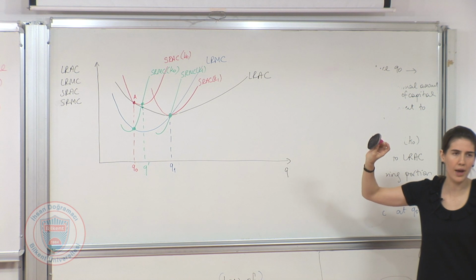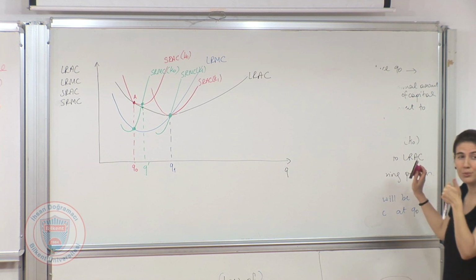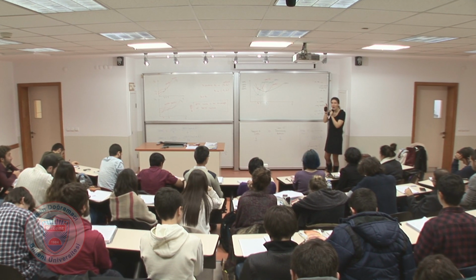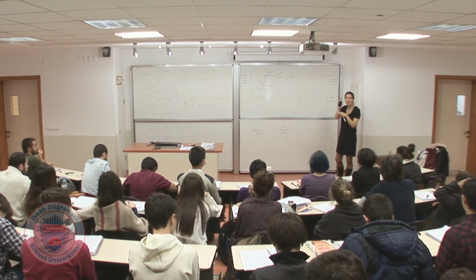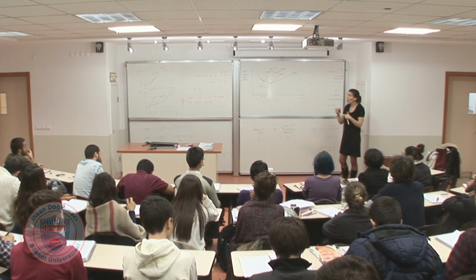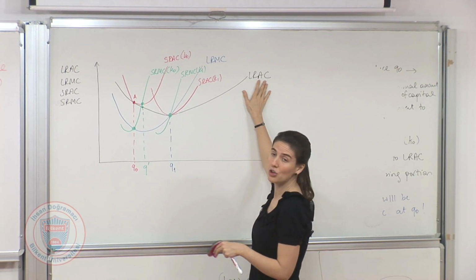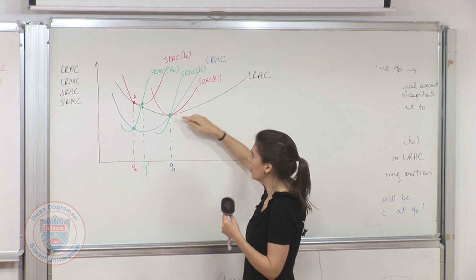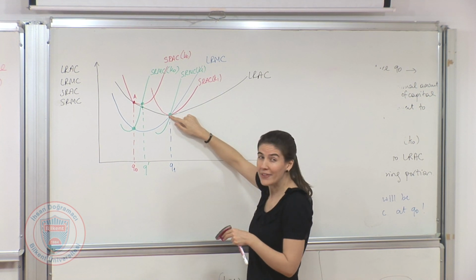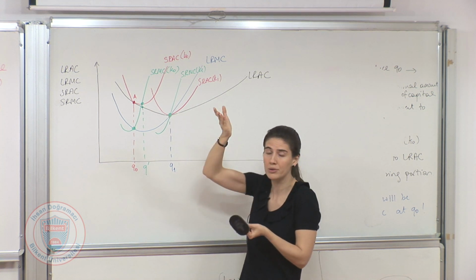That we know, okay? But what we learned now, in addition to that, is that because it's a place where there's constant returns to scale, or because it's the minimum of the long-run average cost curve, the short-run average cost curve should be above.